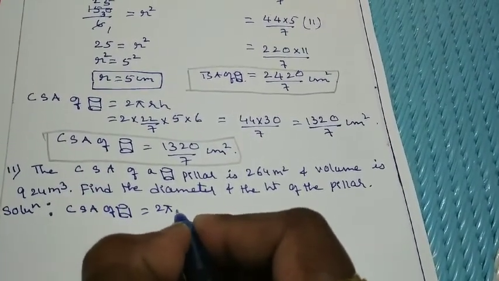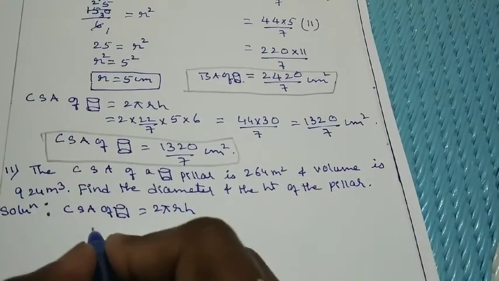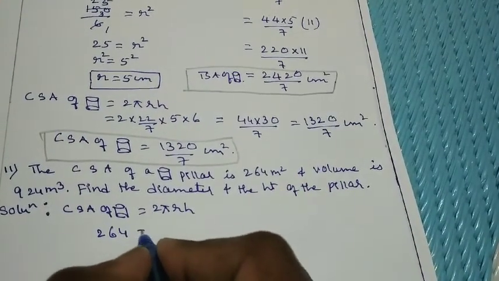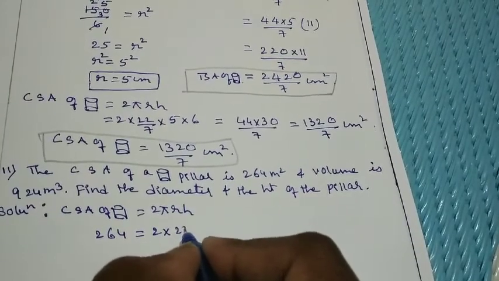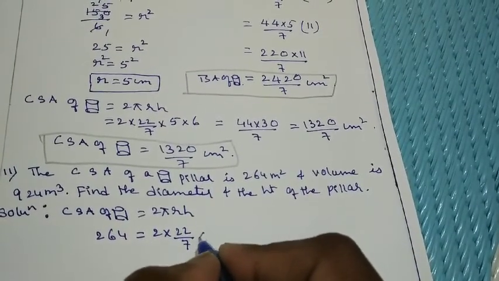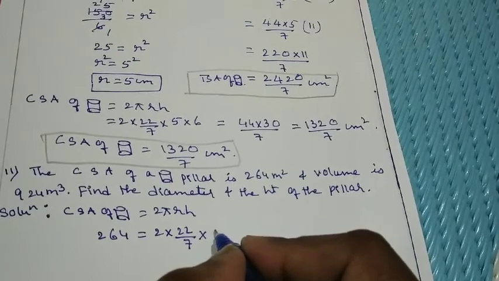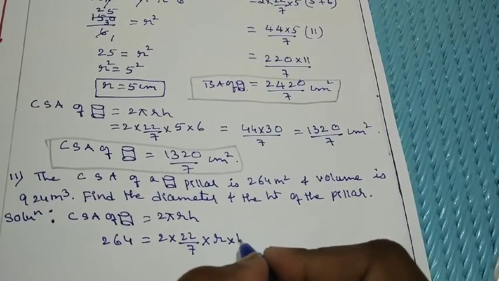So CSA of cylinder is 2 pi rh, but its value is given: 264 equal to 2 into 22 by 7 into r unknown, h unknown.